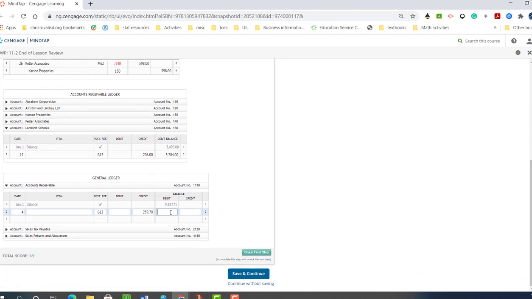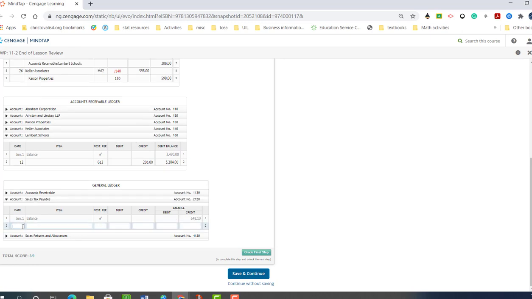And that brings that balance down to $8,928.05. And then on the 12th, again on page 12 of our general journal, we have another credit of $206, which brings our debit balance down to $8,722.05.